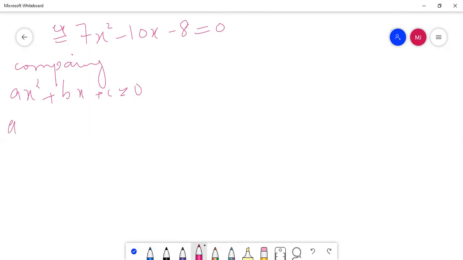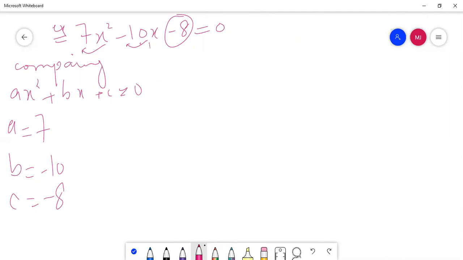So a is what? Coefficient of x square. Here the coefficient of x square is plus 7. B is what? Coefficient of x, and here the coefficient of x is minus 10. And c is what? Constant term. Here the constant is minus 8.